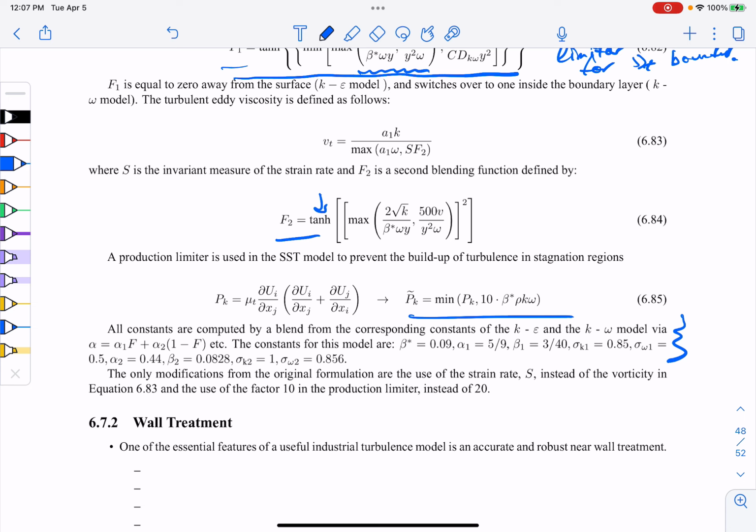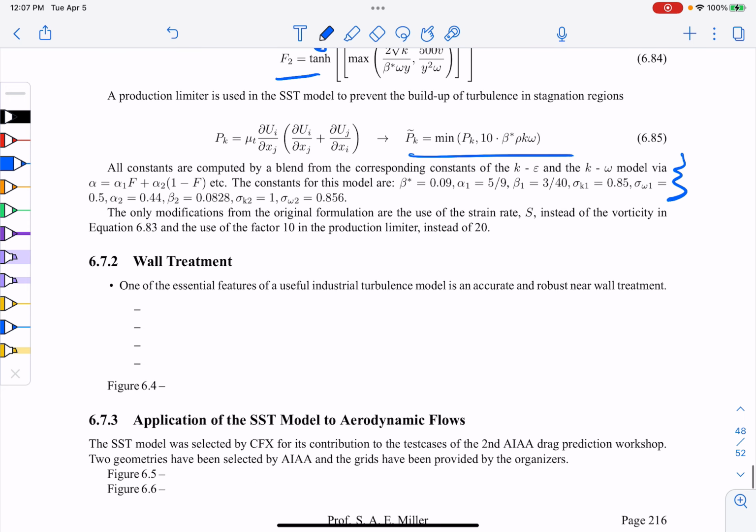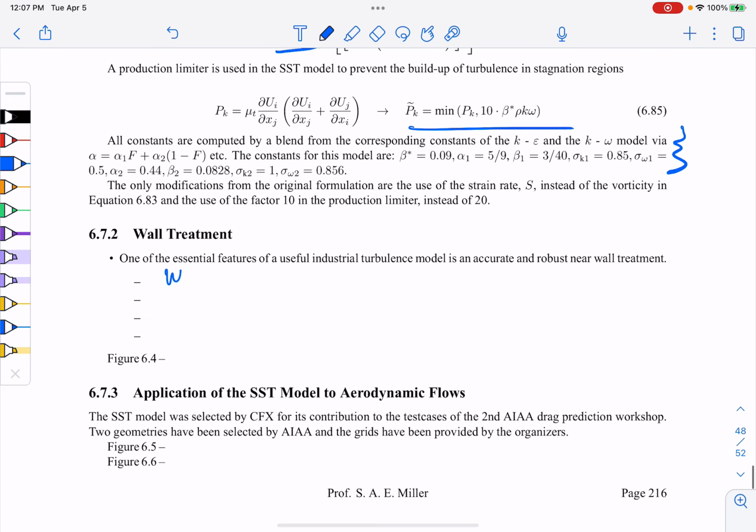And then people said, well, we might want to try and save grid resolution near the wall. And for these models, one nice thing about k-omega is that the wall-bounded flows are well behaved, which is a good thing.